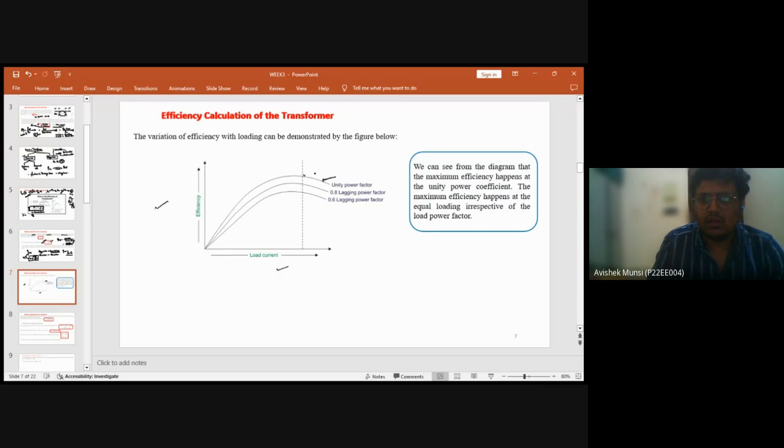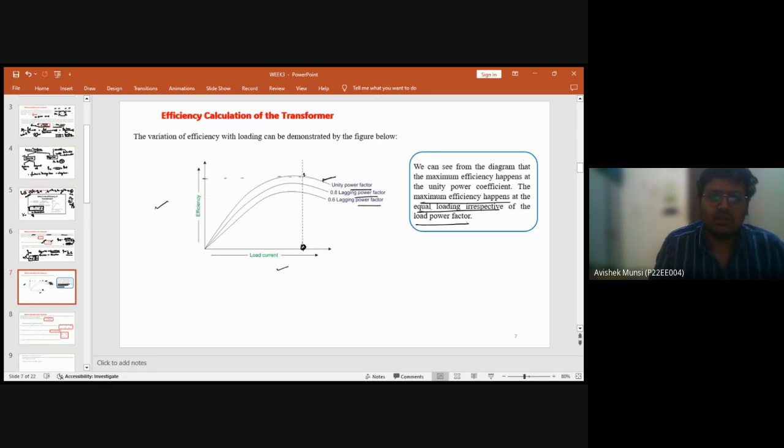And here it is written that the maximum efficiency at equal loading: every time you will see that the load current point should be the same, and it doesn't depend upon the power factor. The value of the efficiency can change, but the load current, the loading, should be equal.